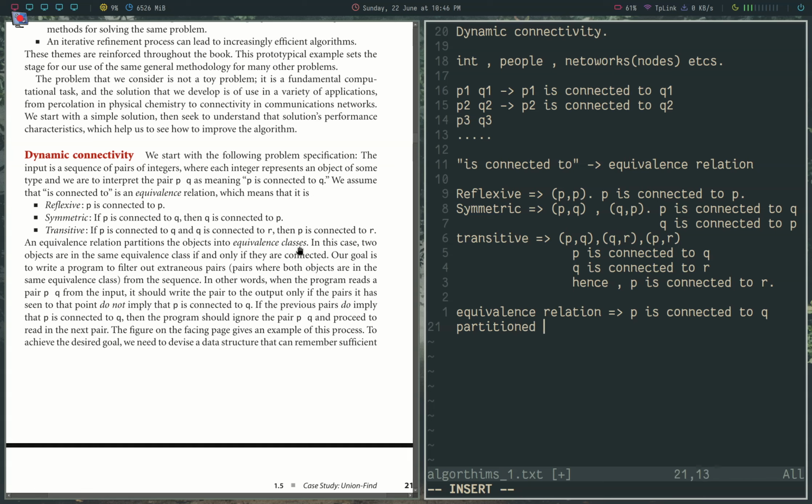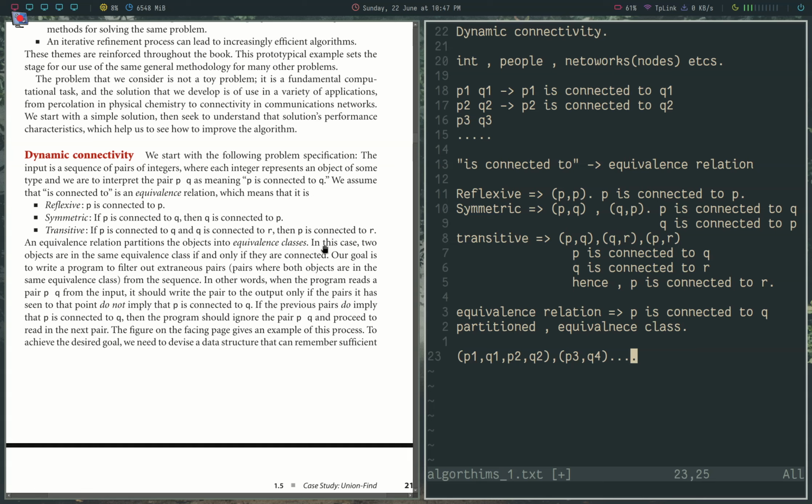And each partition would be called an equivalence class. So P1 and Q1, P2 and Q2 may be one equivalence class, and the other equivalence class may be P3, Q4, and something like this.